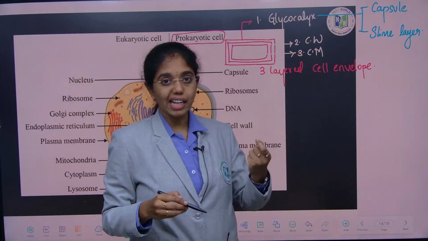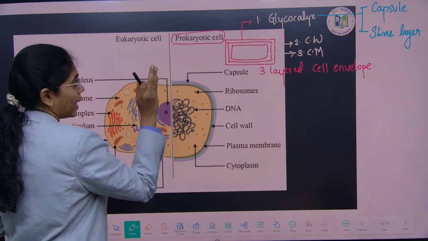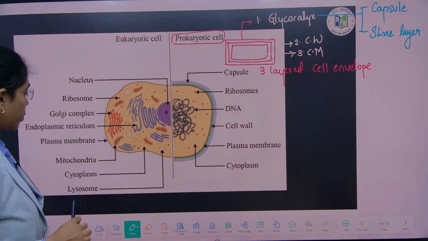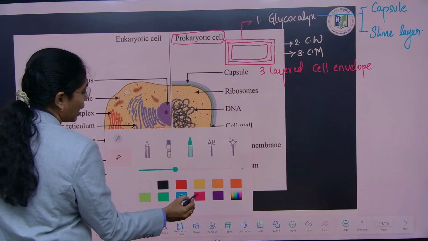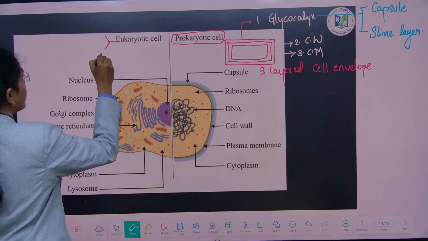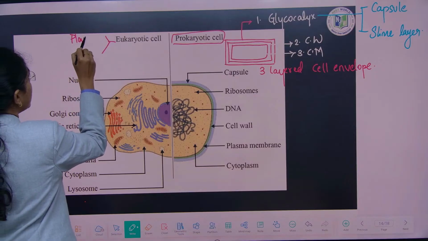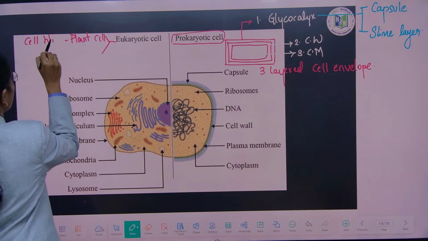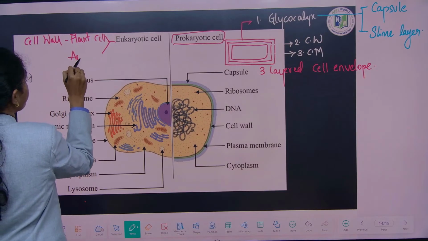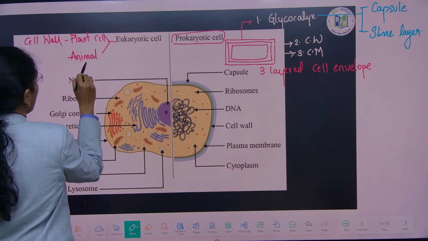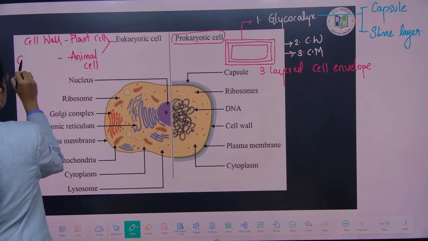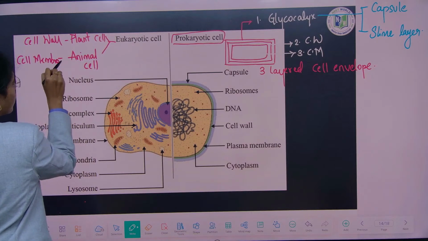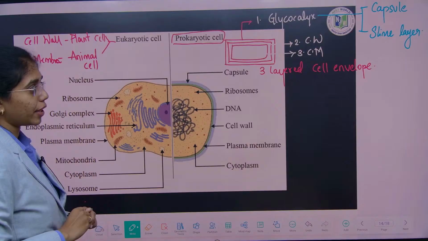If it is loosely arranged, it is a slime layer. That is the limiting boundary of a prokaryotic cell. But the limiting boundary of a eukaryotic cell, if it is a plant cell, the outermost boundary will be cell wall. Animal cell, outermost boundary will be cell membrane. Got it? So, these are the limiting boundaries.